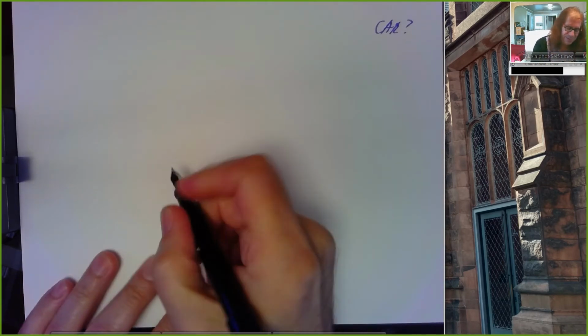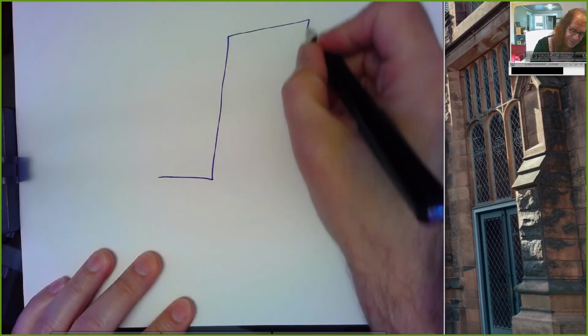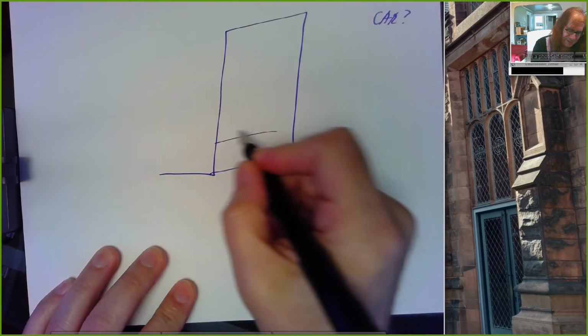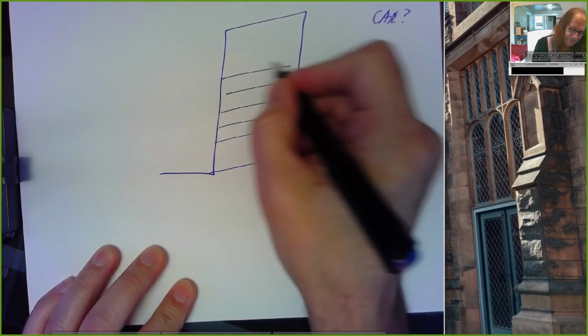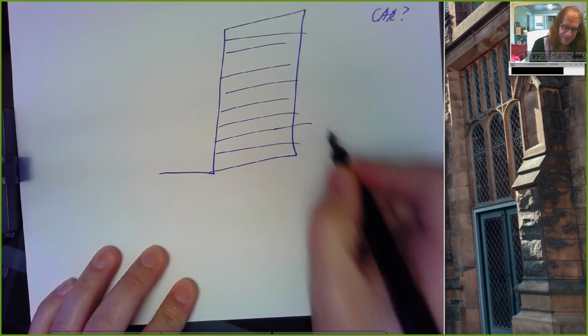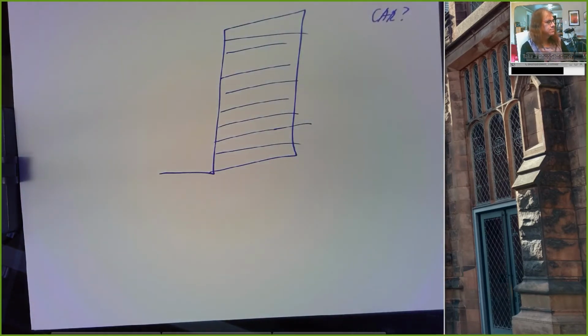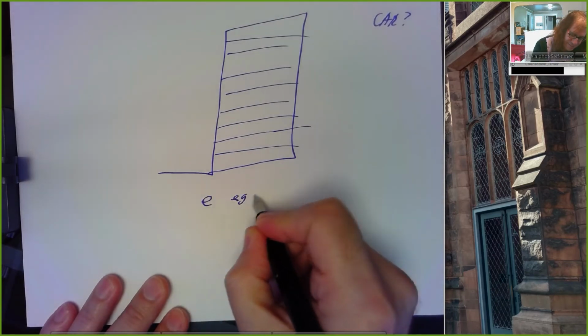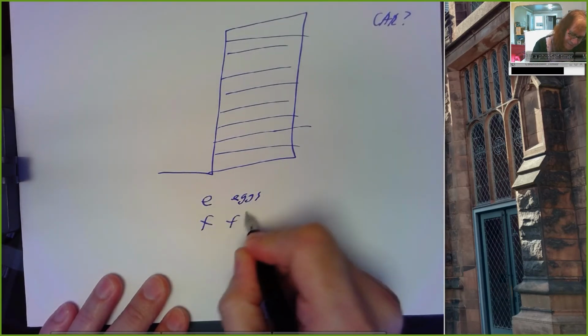The setup is, you've got some sort of building, and it's got a number of floors, and you've got a basket of eggs. So let's say you have E eggs and F floors.